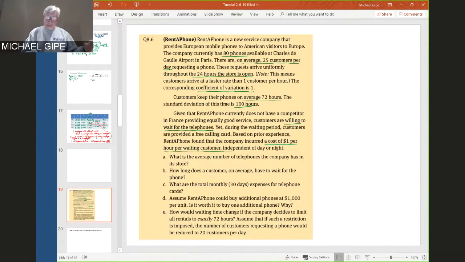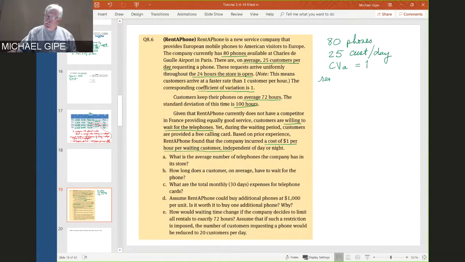Where am I? 8.6. I'm looking at the wrong problem. Okay. We have an inventory of 80 phones in stock and in the field. We have 25 customers per day, uniformly, 24 hours. We have a coefficient of variability of the inter-arrival time of 1.